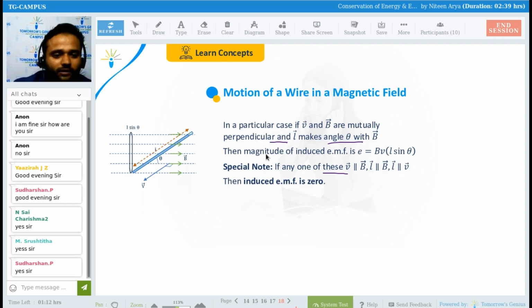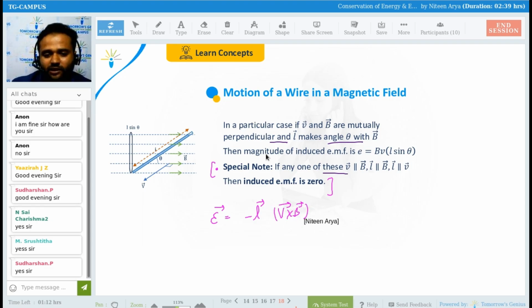As we know, induced EMF equals minus L V cross B, so V can be parallel to B, L can be parallel to B, or L can be parallel to V. In all the scenarios, this is going to be 0. Is this clear, everyone? Should I move ahead?